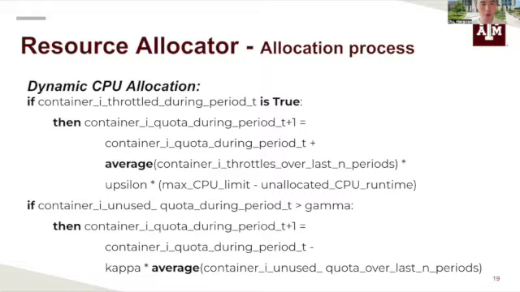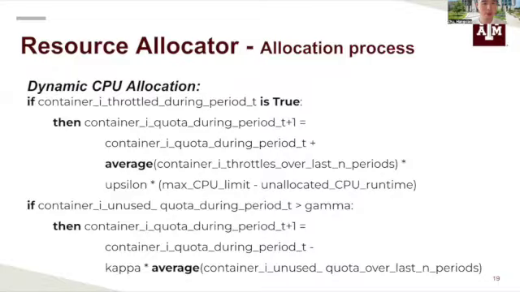Here is how we determine how much: based on the current quota, we add the average of the container throttles over the last n periods times epsilon times the maximum available CPU limit minus all the unallocated CPU runtime in the system. Here epsilon is a parameter that can be tuned by the users.